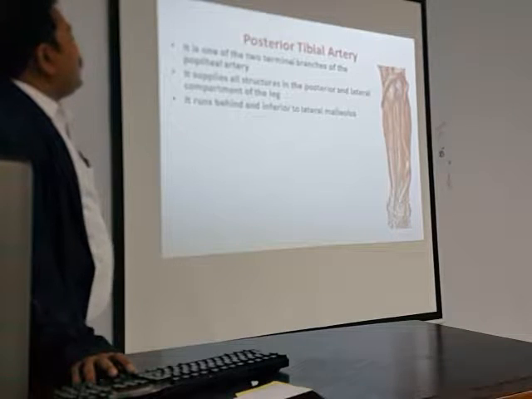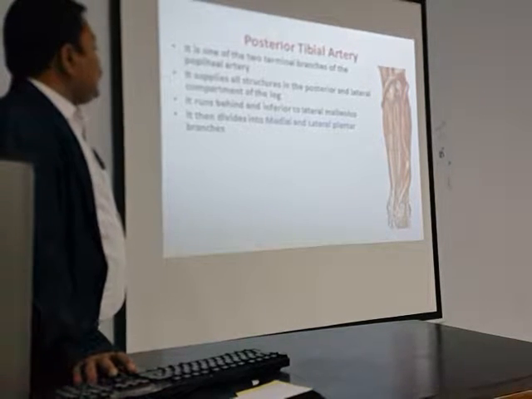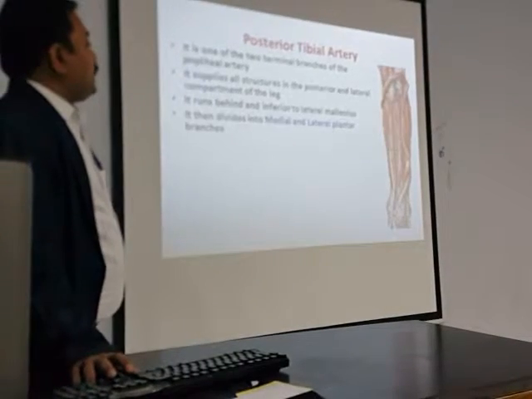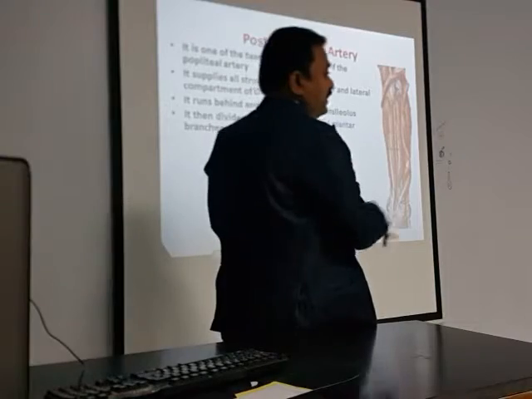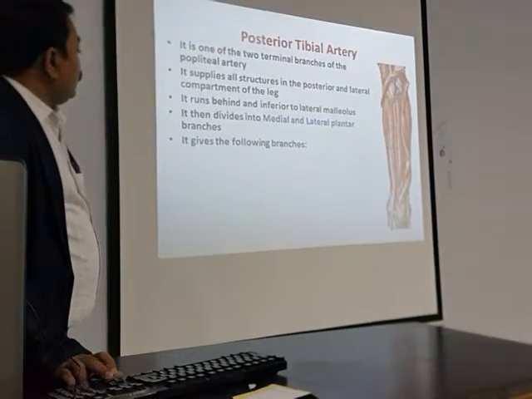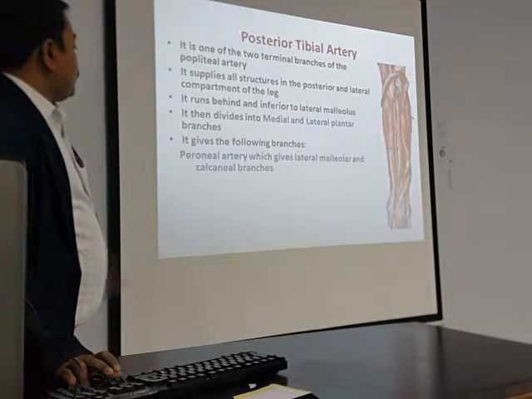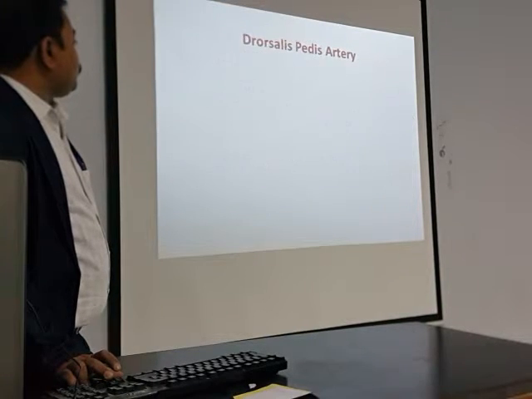It runs behind and inferior to the lateral malleolus. Then it divides into medial and lateral plantar branches, 2 branches. It gives rise to the peroneal artery, which gives rise to the lateral malleolar and the calcaneal branches.